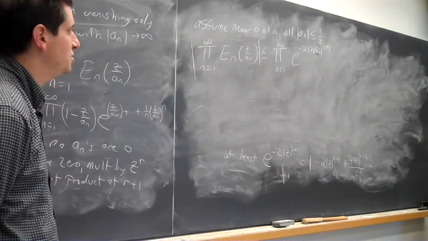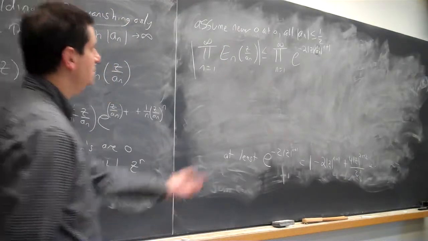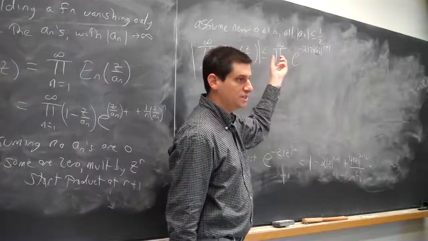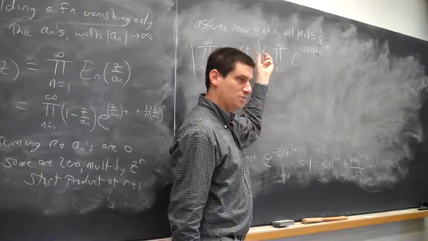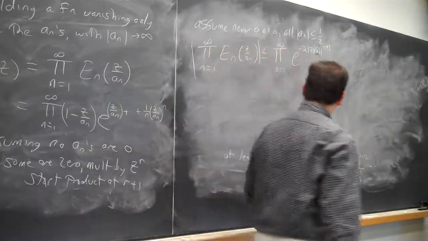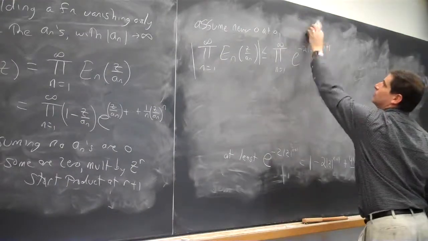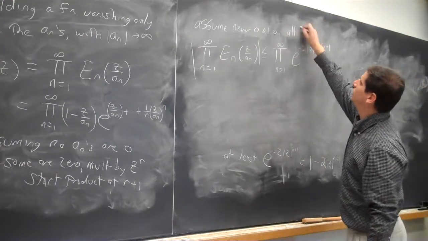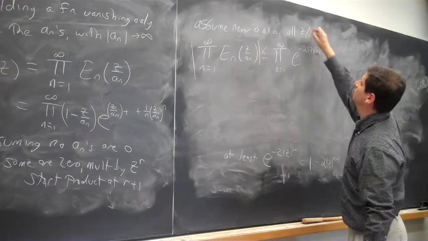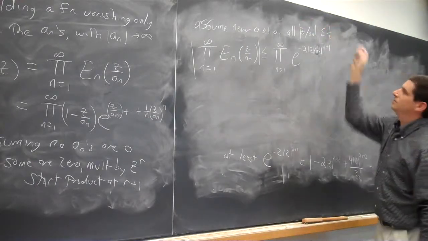That's from the estimation we just did earlier, right? Each of these En of z over an, as long as z over an is at most 1/2. So I want all z over an less than or equal to 1/2.